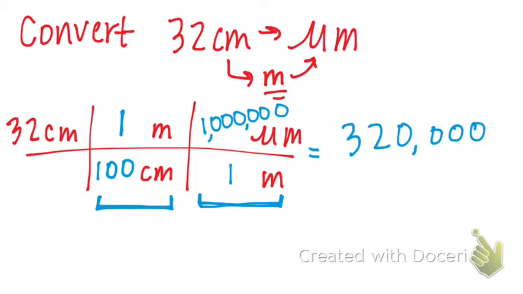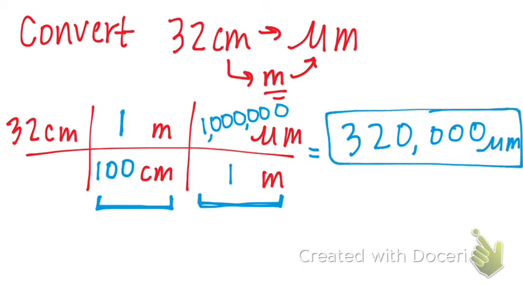What would my units be on the end of that number? Micrometers. Very good. Okay. So let's see, does that answer seem reasonable to you? Does it make sense that we have a big number here? Micro is a smaller unit than centi. So there should be a lot of those little tiny micrometers in those centimeters. Okay.